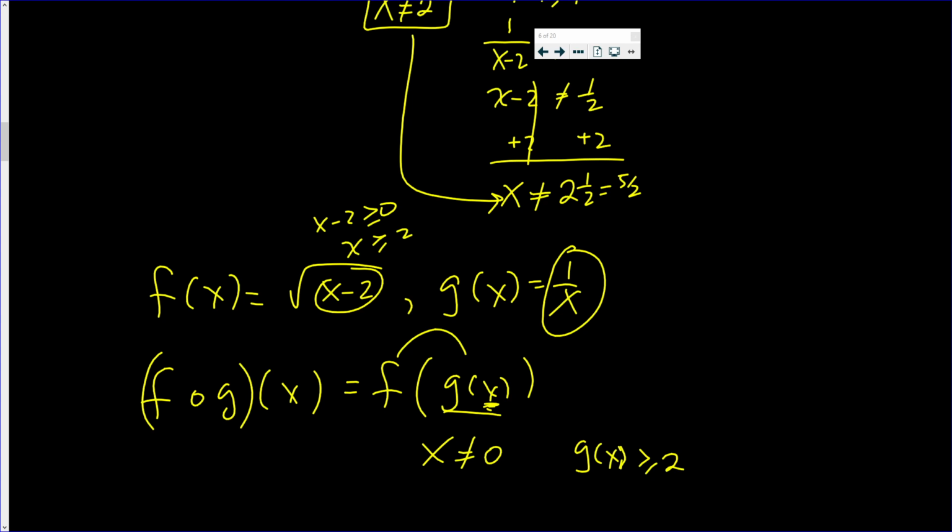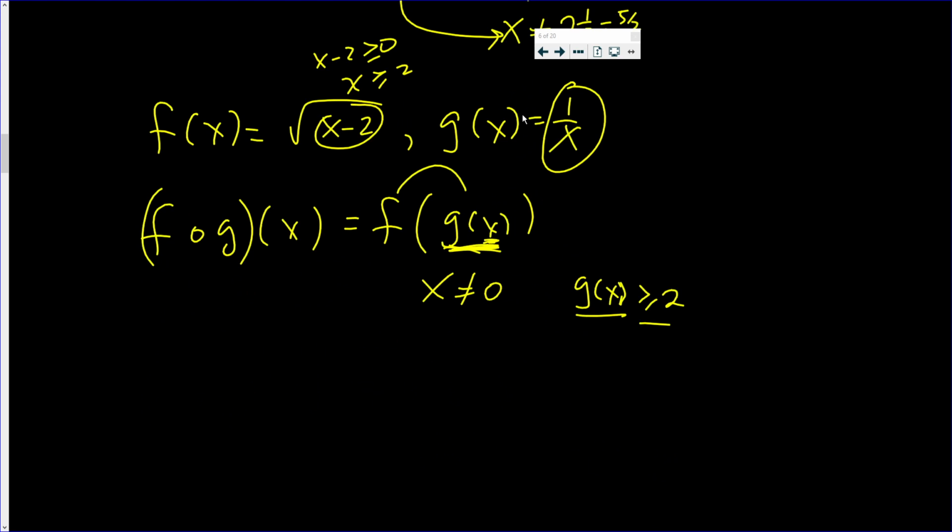That happens when x is 2 or more. So since I'm taking f of this, this has to be 2 or more. But I don't want to know what f of x has to be more than. I want to know what x has to be more than. So 1 over x has to be greater than or equal to 2.